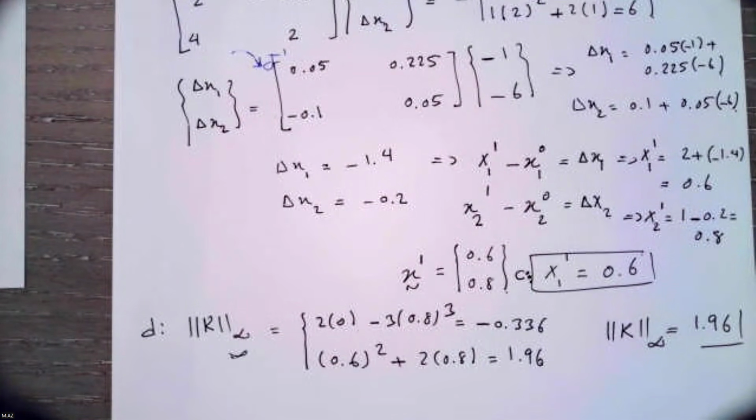The next part is, after the second iteration of the Newton-Raphson method, we should find the value of x sub 2.